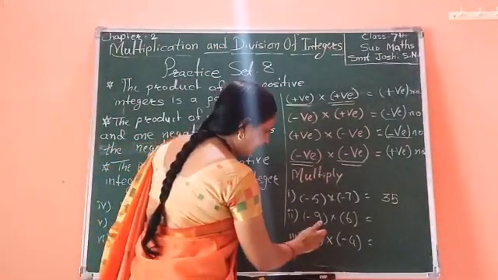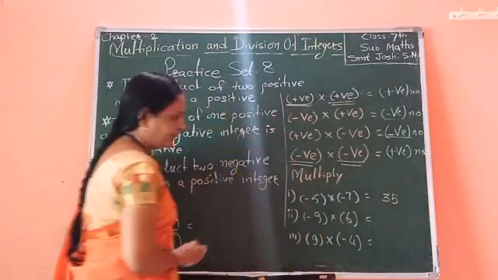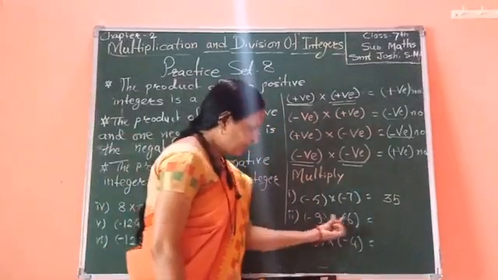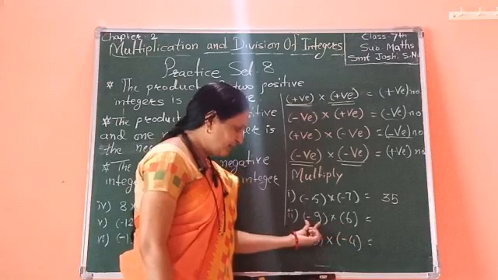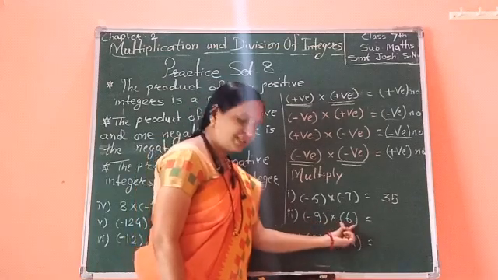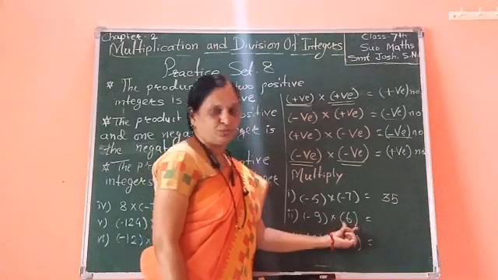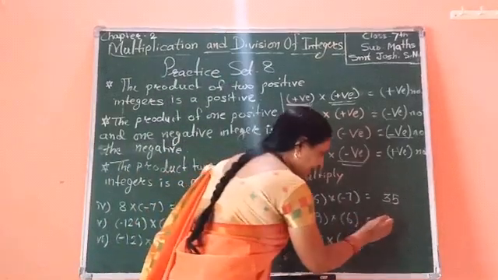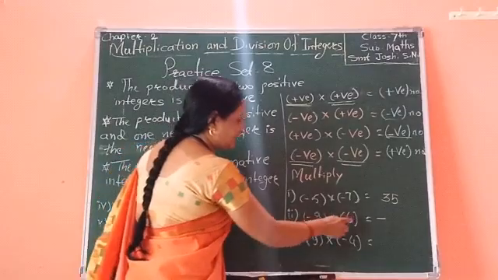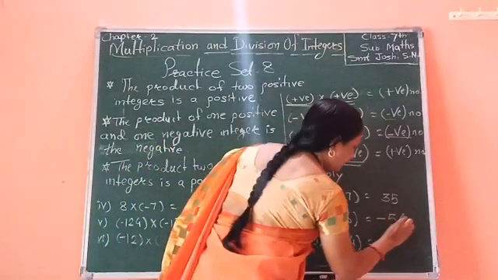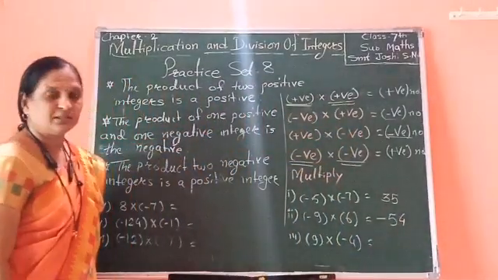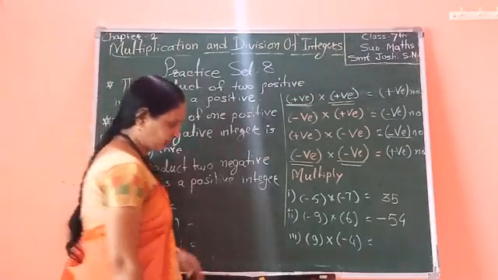Second example, -9 into 6. Here 9 is negative, 6 is positive. One number is negative, another is positive, means the answer is negative. 9 6s are 54. Answer is negative 54.